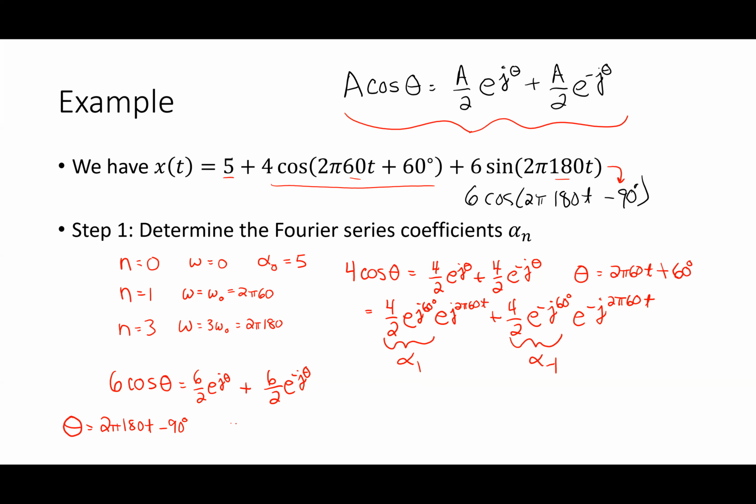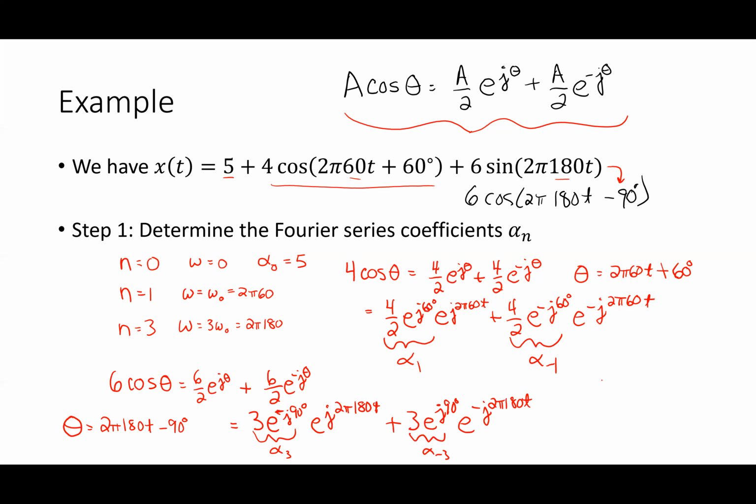So this becomes 3 e to the negative j 90 degrees times e to the j 2 pi 180 t, plus 3 e to the j 90 times e to the negative j 2 pi 180 t. Remember this one's negative. The first term is for the positive going vector, so I'll call that alpha 3, and this guy is alpha minus 3.